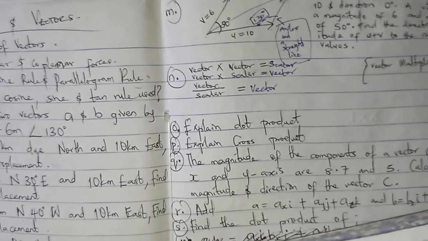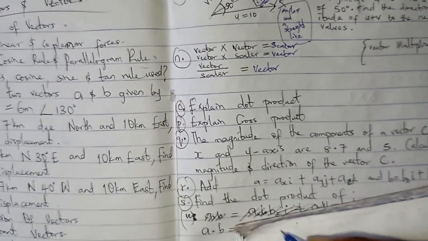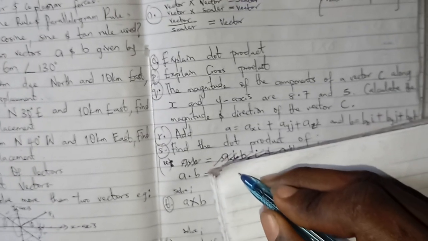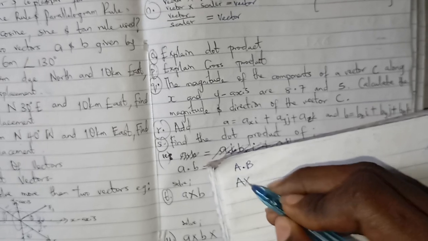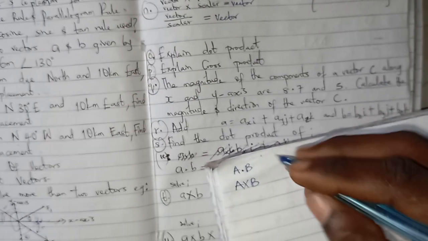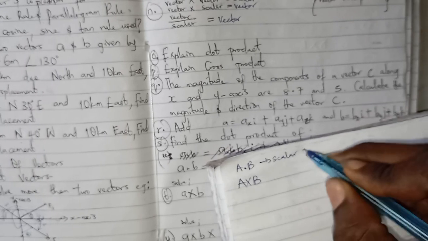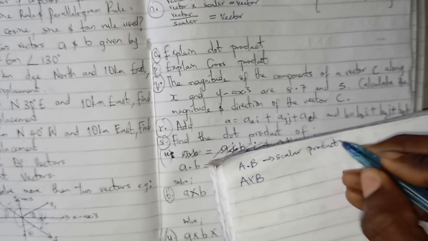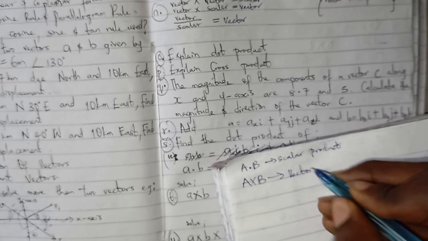So first, I'll simply need to remember that multiplication of vectors can be done in two ways: dot product and cross product. I will say that another name for dot product is scalar product, and another name for cross product is vector product.